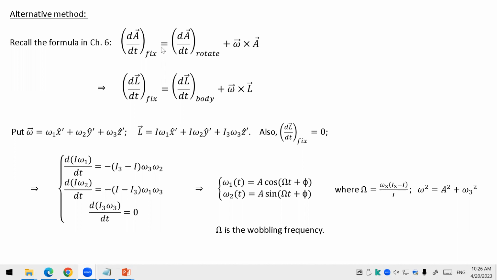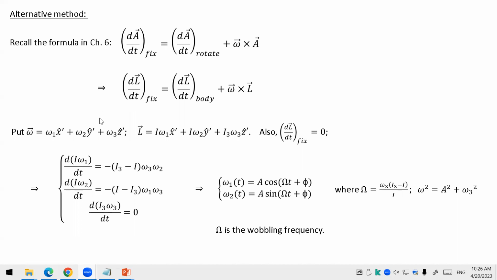At that time, I told you that A can be any vector describing physical quantities of your particle. In the previous chapter, we just put A as velocity or acceleration. Now I'm again making use of this formula, but I'm going to put A as L, the angular momentum vector.